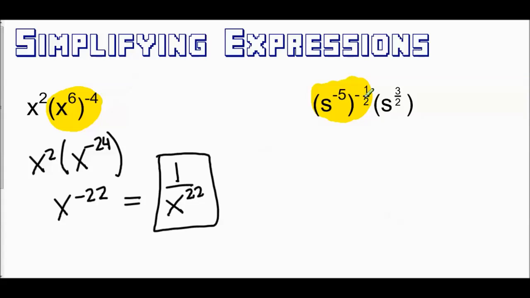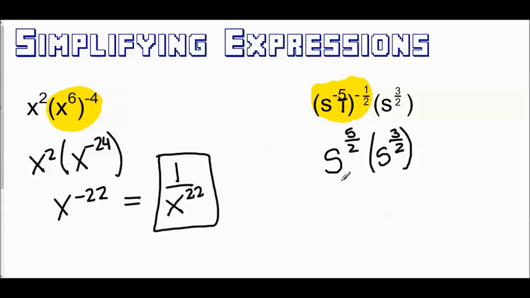That -1/2 is being applied to s to the -5th power. Since it's a power to a power, I multiply their exponents. So think of that as -5 over 1, and when you multiply -5 over 1 and -1/2, you get s to the 5/2 power. And bring down the second part of it, s to the 3/2 power.